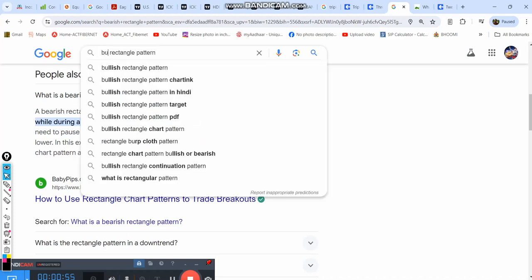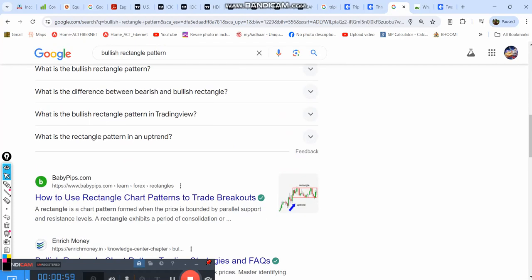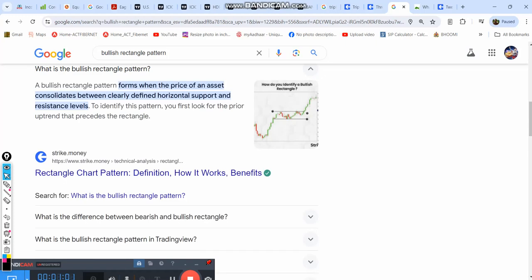What is a bullish rectangle pattern? A bullish rectangle pattern forms when the price of an asset consolidates between clearly defined horizontal support and resistance levels. To identify this pattern, you first look for the prior uptrend that precedes the rectangle.